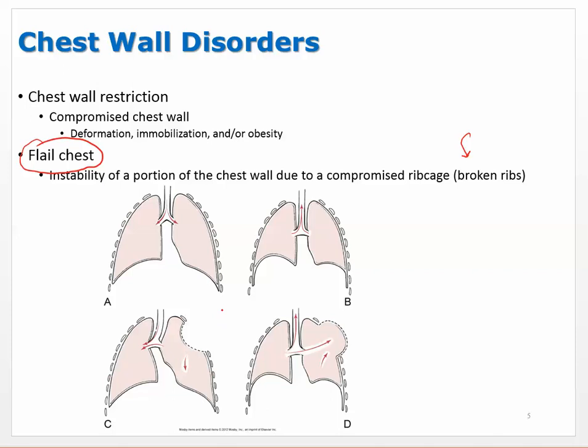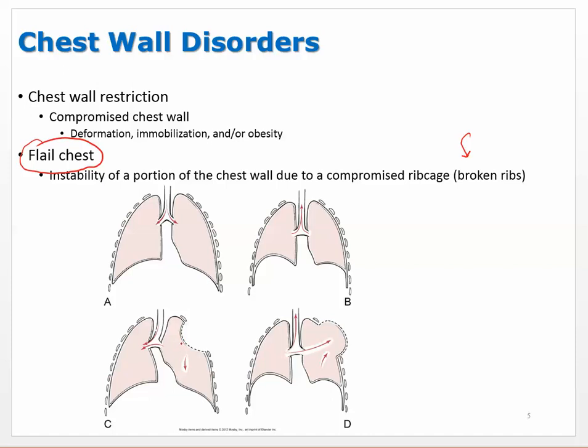But here you can see it flailing around down here on the bottom, and so when you go to inspire, it's going to pull on the chest cavity, and if those ribs aren't there to hold that in place, then the lung moves in. Okay, and so that means that air could actually be pulled.